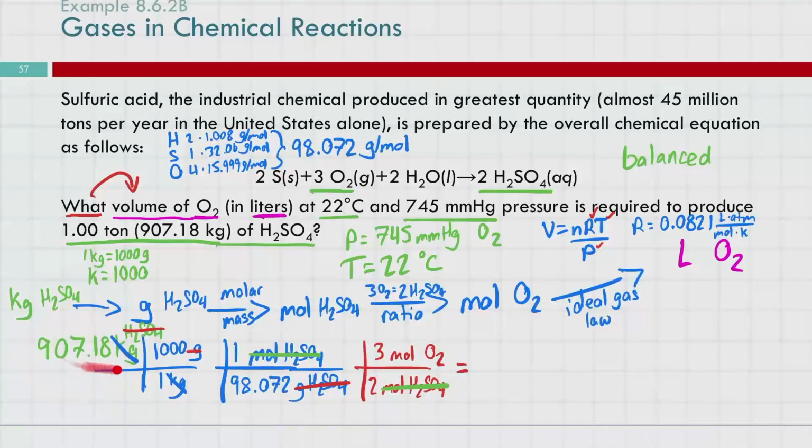So 907.18 times 1,000 divided by 98.072 times 1.5. 3/2. We've got many moles. 13875 and some change moles O2, that's a lot of moles.